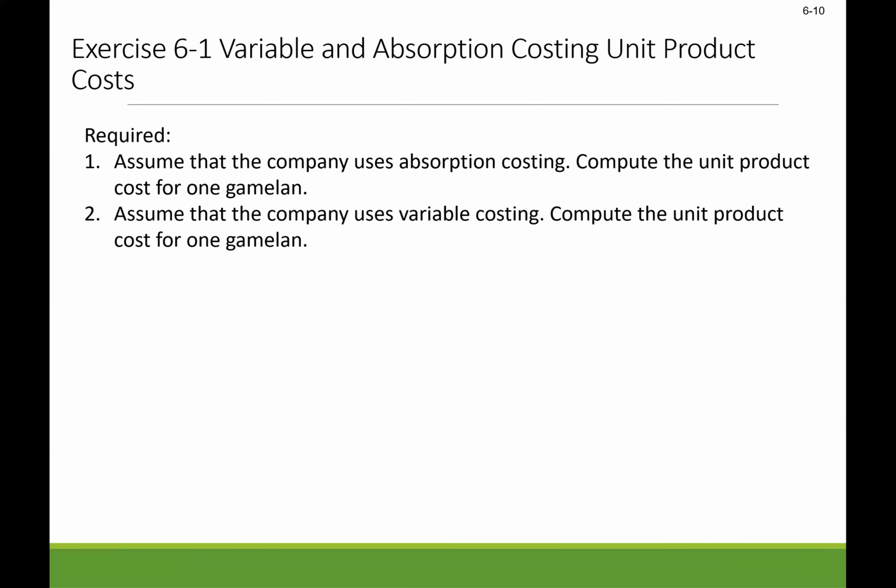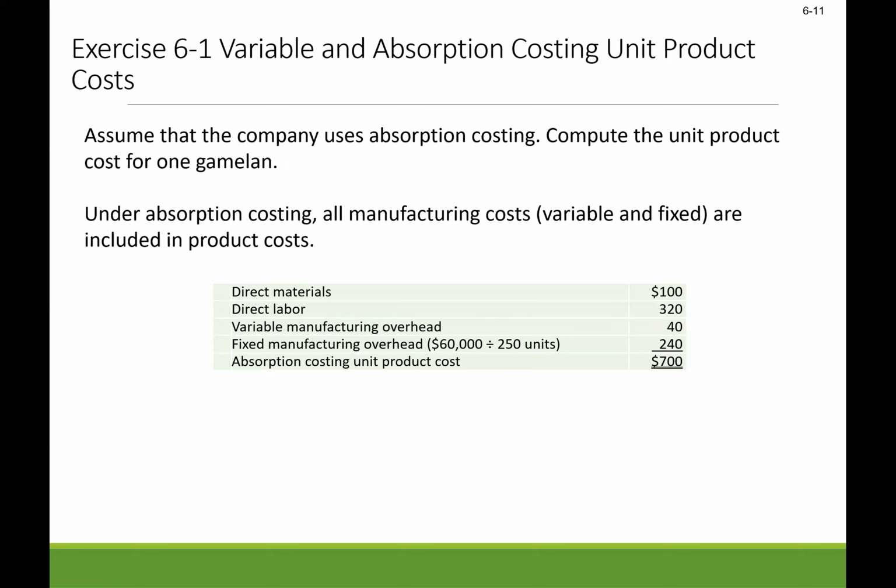So guys, we know the difference is under absorption costing, we take all manufacturing overhead and put it into the product cost. Under variable, we only take the variable manufacturing overhead to put into the product cost. So under absorption, direct materials, direct labor, variable, and fixed gives us a $700 product cost under absorption costing.